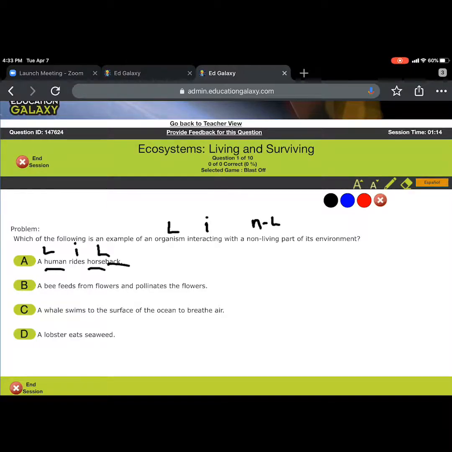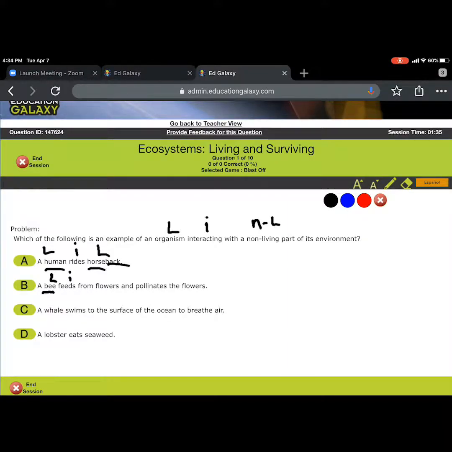Okay, a bee. A bee is living, feeds, okay, I believe that's the interaction, from flowers and pollinates the flowers.